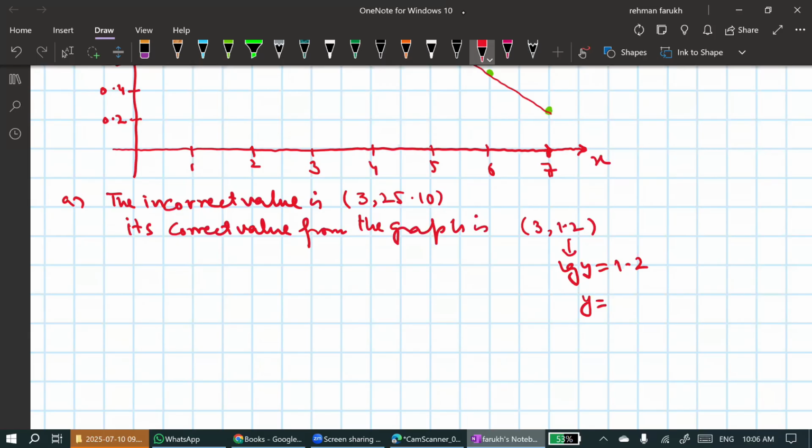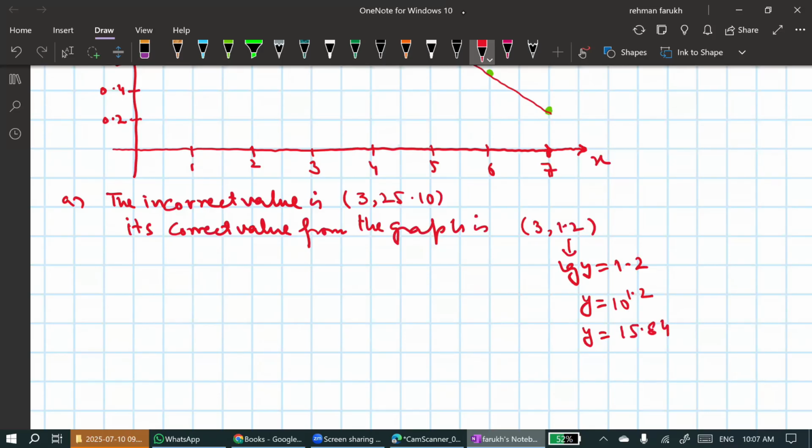Y is equal to 10 power 1.2. Y is equal to 15.84.